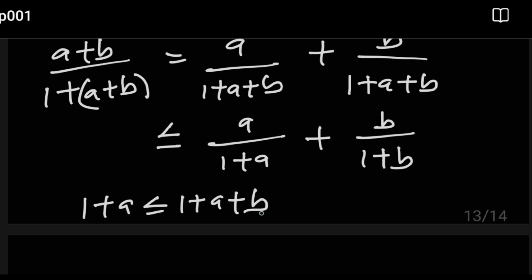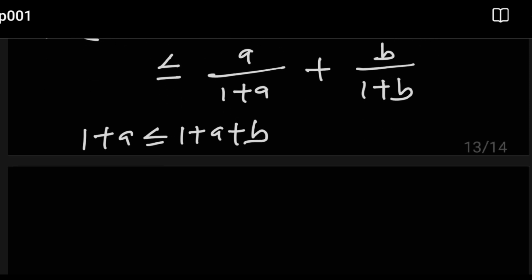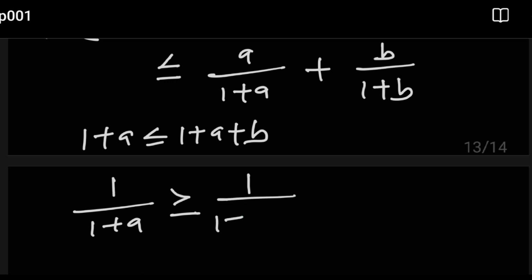If b is non-zero and it is positive, then this is less than 1 plus a plus b. Remember, we are dealing with from 0 to infinity, so that shows a, b are non-negative. All right, if you find the reciprocal, so 1 plus a will now be greater or equal to 1 over 1 plus a plus b, right?